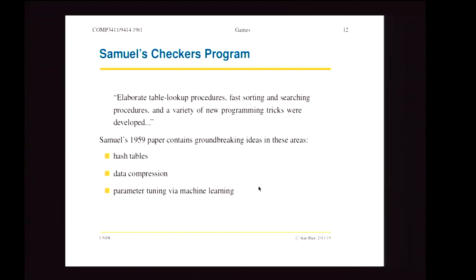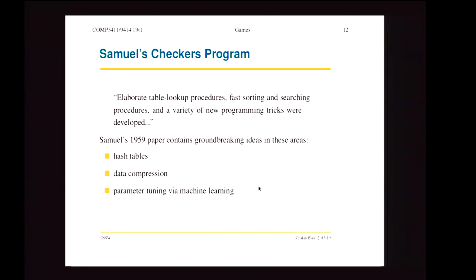So you can really get the feeling of how innovation was driven by this push. He needed a way to look things up quickly, so he invented hash tables.